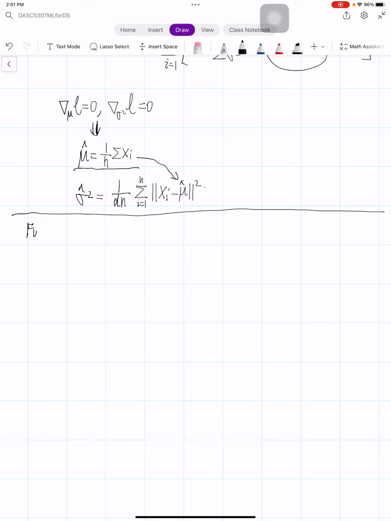For QDA, we estimate mu C hat for each class, and we also estimate the sigma C hat for each class.